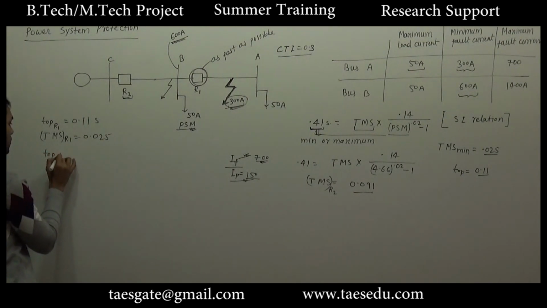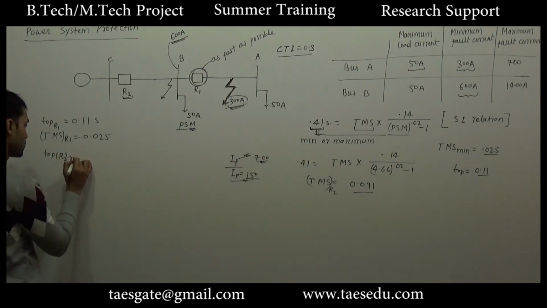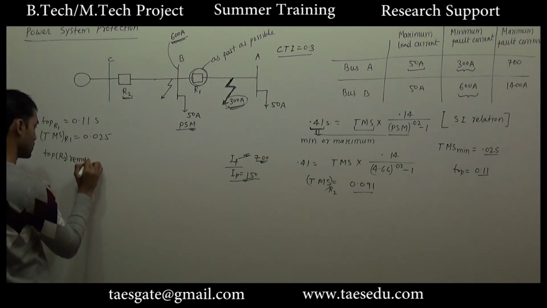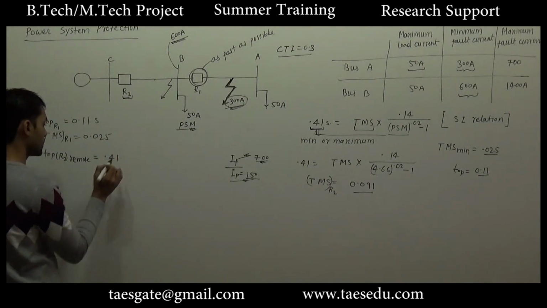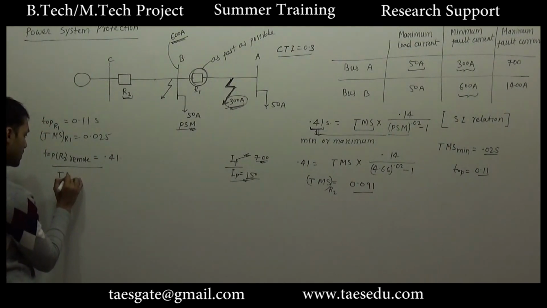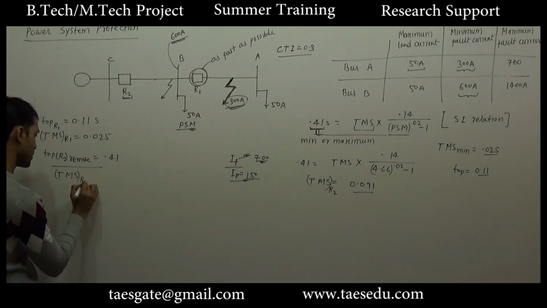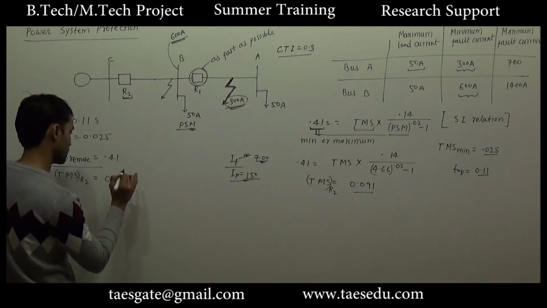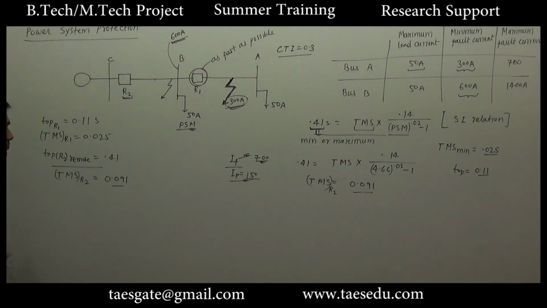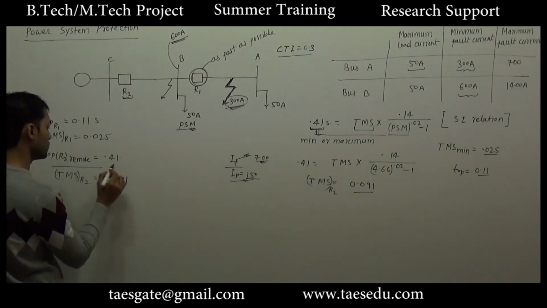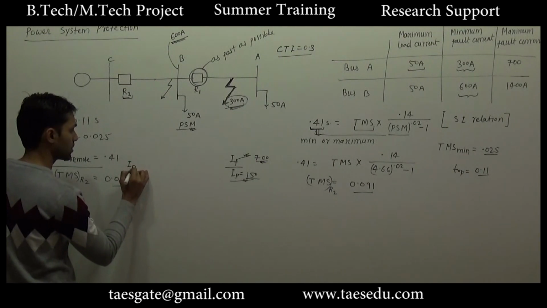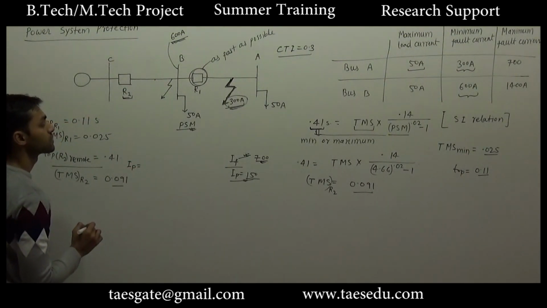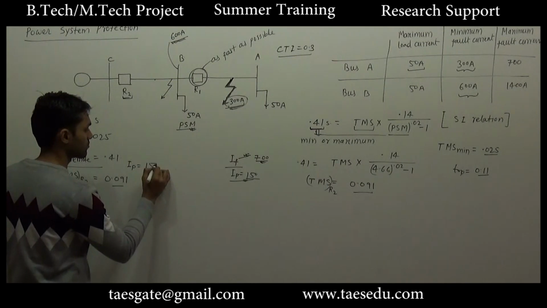Operation time of R2, this is for remote protection only, was 0.41 second, and for this the time multiplier setting of R2 we will have to set as 0.091. Okay. For remote protection of relay 2, the pickup current was 150 ampere.